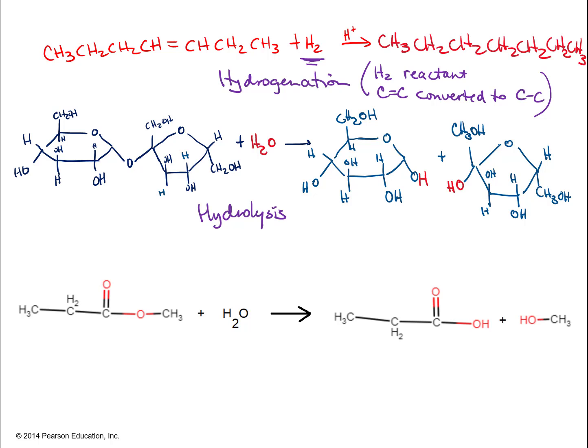So hydrolysis, water is a reactant, and the hydrogen gets added to one molecule, alcohol gets added to the other. So it's really like splitting it in half. That's hydrolysis. I'm not breaking a double bond. I'm breaking a single bond and making two separate molecules.